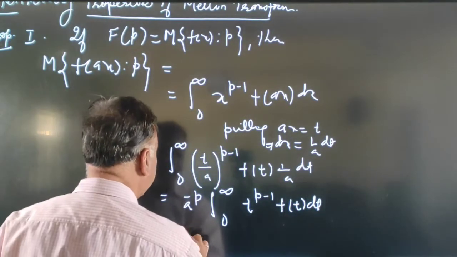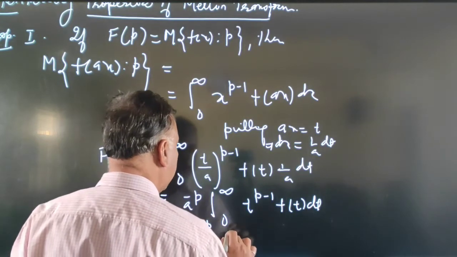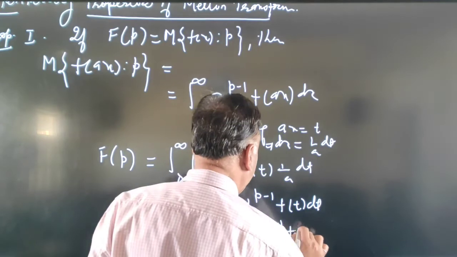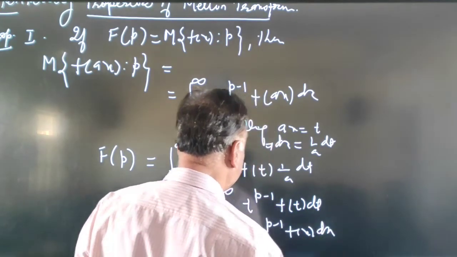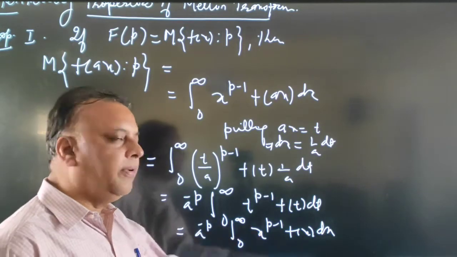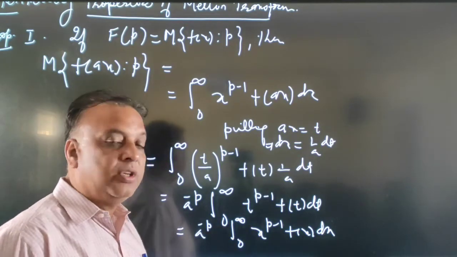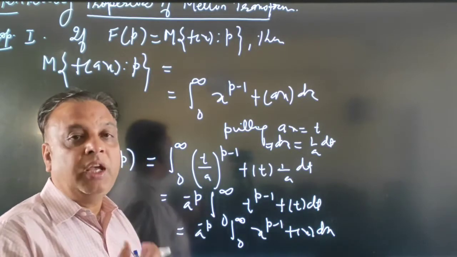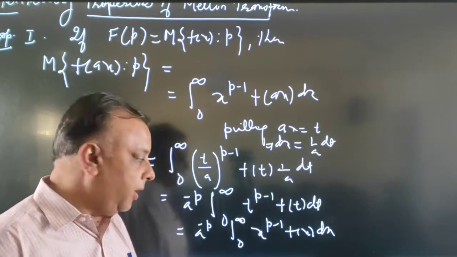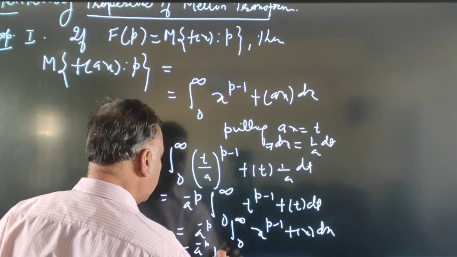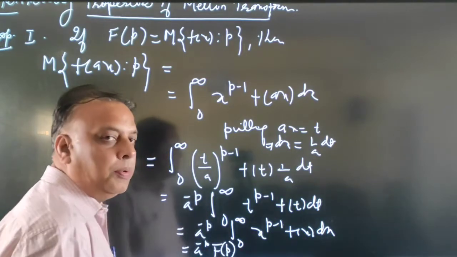Or this can be written as a raised to minus p times the integral from 0 to infinity of x raised to p minus 1 f(x) dx. By the definition of the Mellin transform, this integral is the Mellin transform of the function f(x), which we have taken as F(p). So this is equal to a raised to minus p F(p).